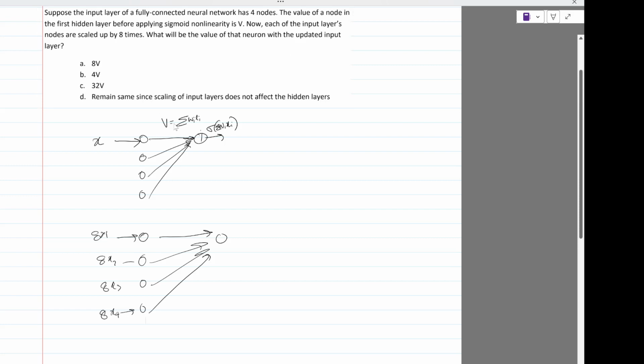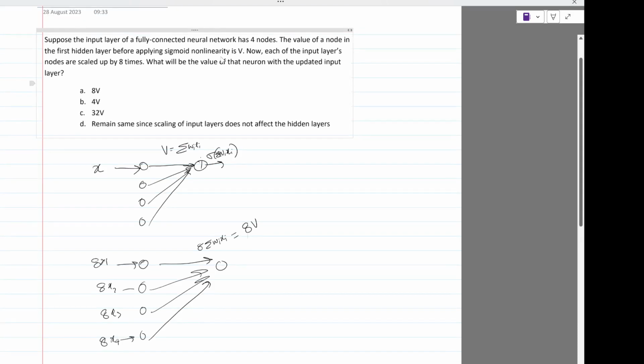When we are linearly multiplying something and then doing a weighted addition, that 8 will come out, right? It will become 8 times summation wi xi because 8 is multiplied to each of the xi. So this is 8 times v. So then the value of that neuron is 8v.